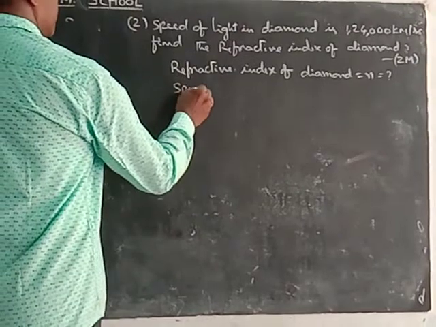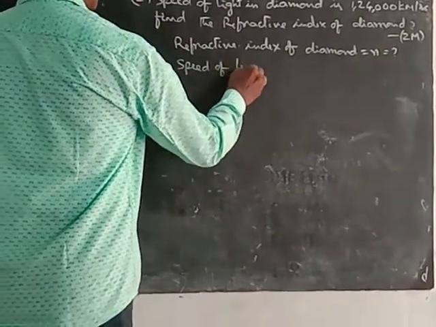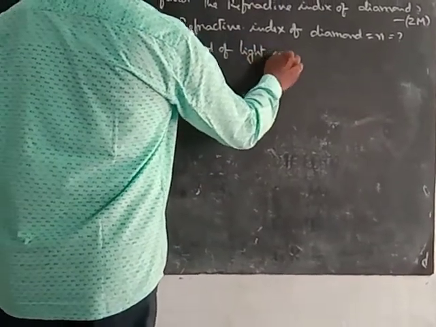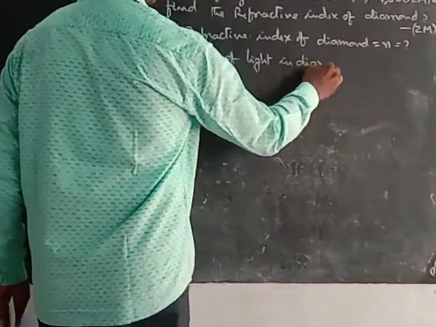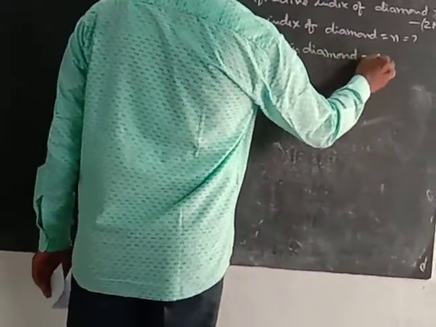Speed of light in diamond is 1,24,000 km per second.